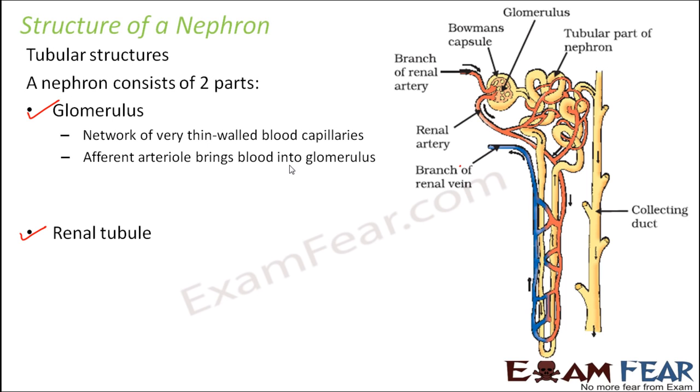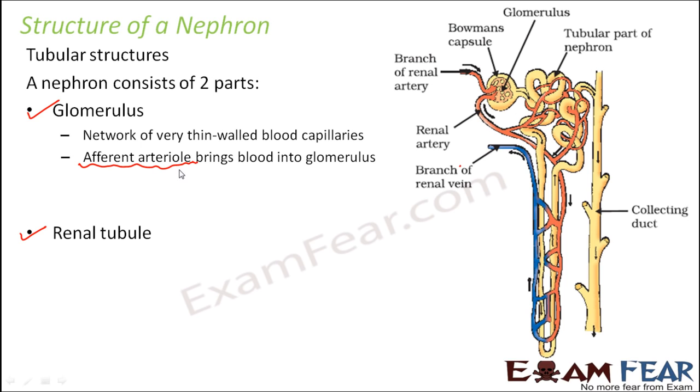Okay, now as I mentioned, nephron is the functional unit of kidney where the filtration of blood takes place and urine formation occurs. So for that to take place, blood has to enter inside the nephron. So this is the place where the blood enters, and the blood enters through an artery called the afferent arteriole.